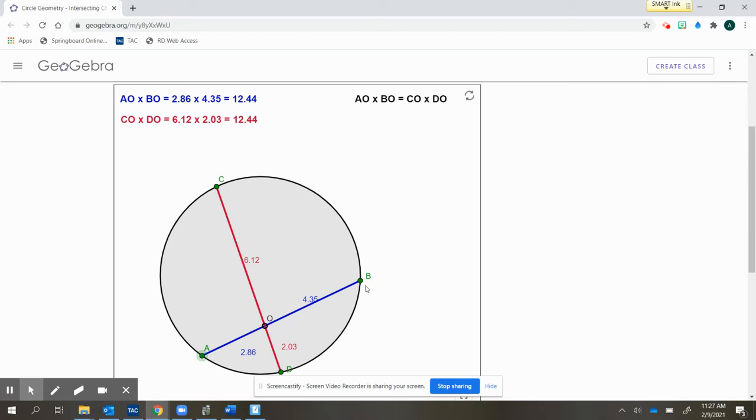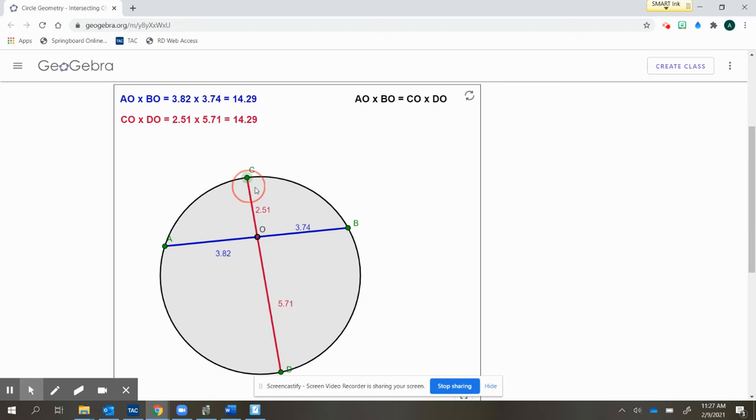So we see, again, if we start moving this around, that AO times BO, the small times small of the blue chord, equals small times small of the red chord, no matter where we move these to be.